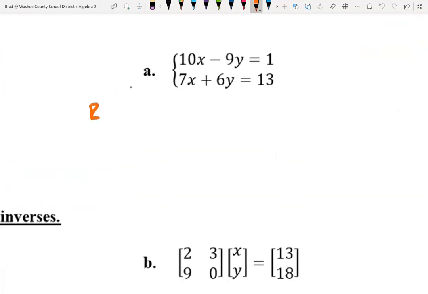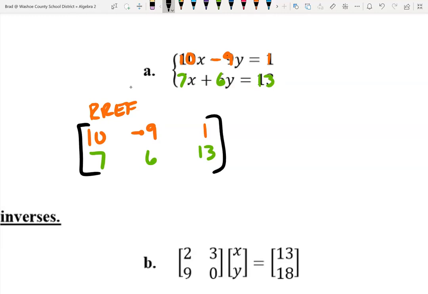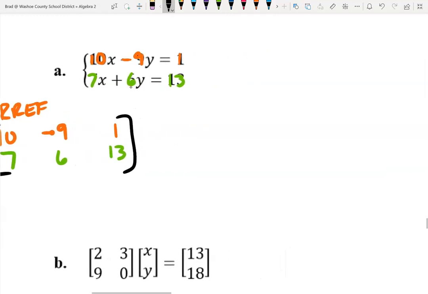Welcome back. So my RREF is going to be 10, -9, 1, and then 7, 6, 13. So that's our RREF matrix. It's the one we like to do because it's a lot easier. All right, let's try the inverse. This one's tricky.